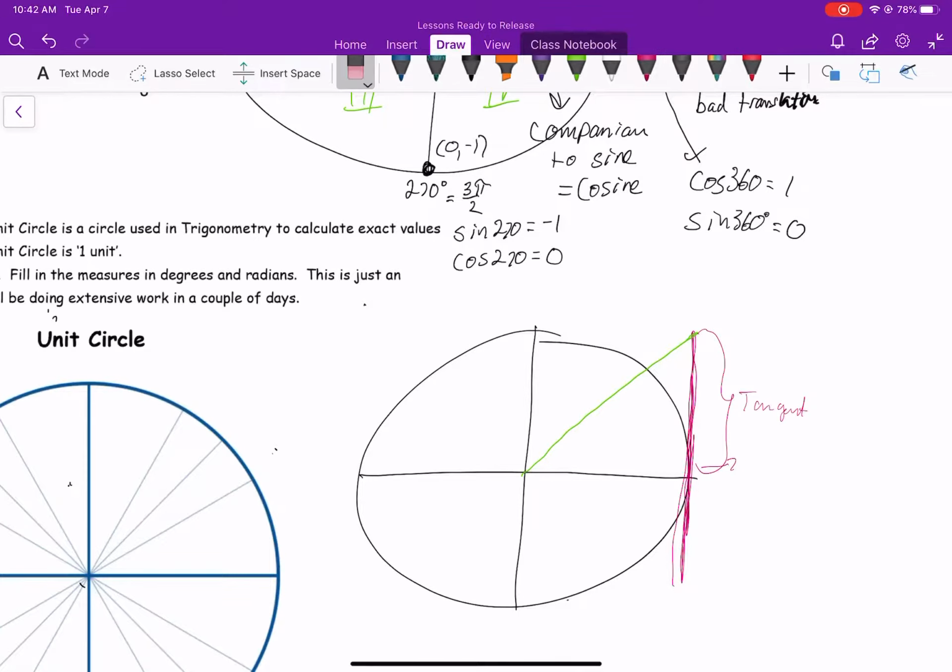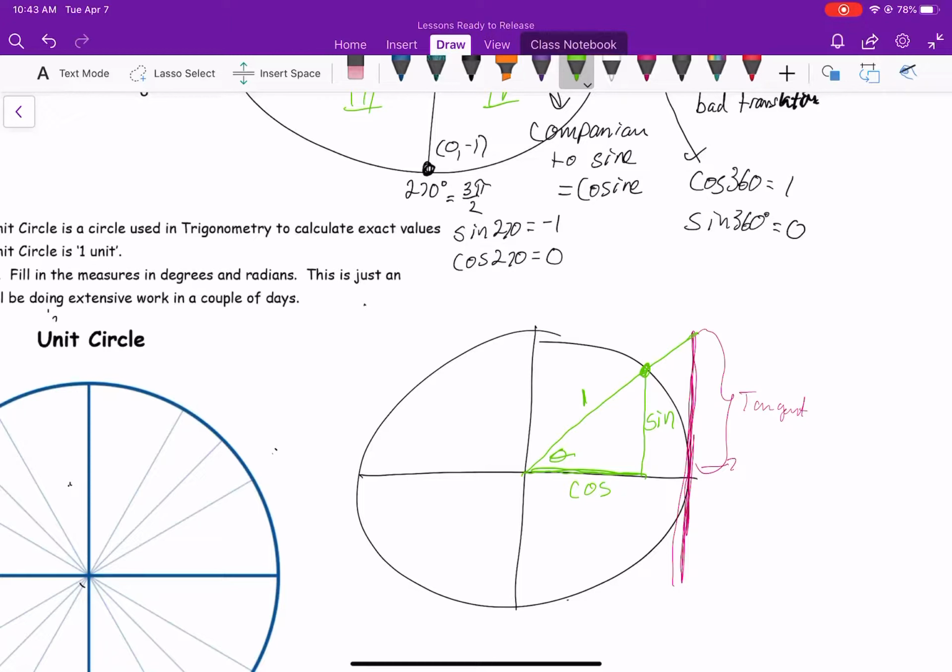And if I want to know how tall it is, I actually have 2 triangles created here. Now I don't know what that angle is, but we know that that has a radius of 1 right there. We also know that the height is the sine, and the overness is the cosine.